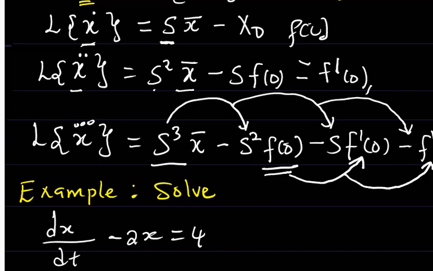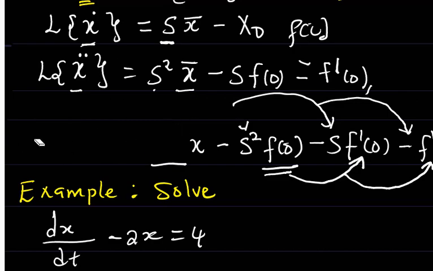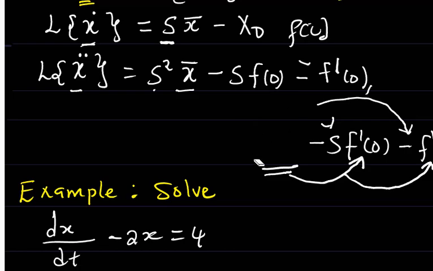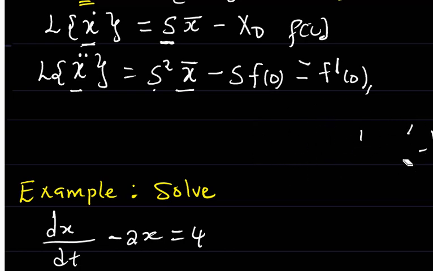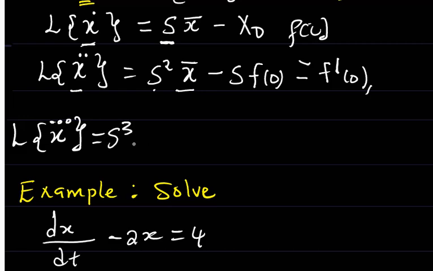Let me write that, it wasn't clear. Let me clean it up. Once you know the pattern that is established, it's easy for you to write that transform. So this is the Laplace transform of the third derivative. We start with s cube x bar. Now the s cube reduces to s square, then I start with my f of 0.